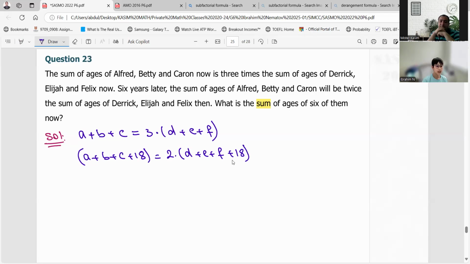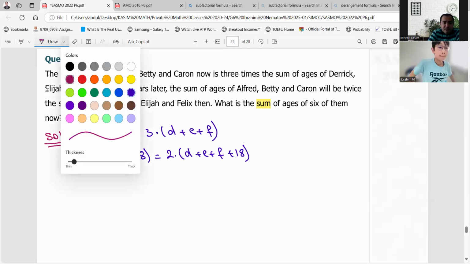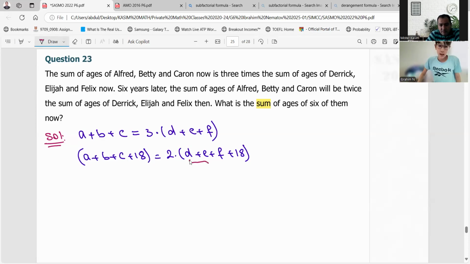Yes. Okay, very good. So now from the first one, we can just find D, E, F, right? So you don't have to find A, B, C individually. Did you solve like that? No. Let me just label this by X. So then this will be 3X, right?